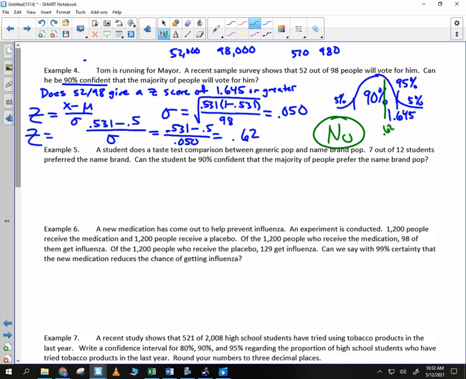In fact, if we look at our sheet at 0.62, that's only 73% confident. This only gives you 73% confidence. He wants to have 90% confidence he could go on election day with a win. That 0.62 we came up with, that's only 73%. It's not good enough. See that?